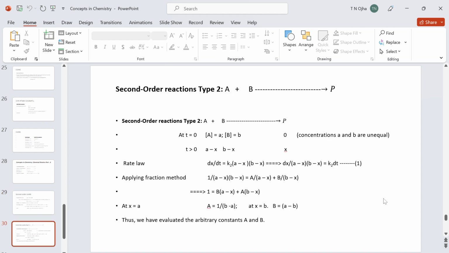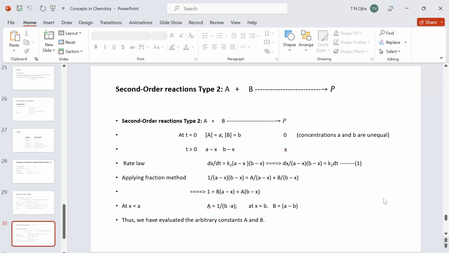Suppose we take up the reaction where two different reactants A and B are involved and their initial concentrations are not the same. In that case, a bit complicated equation is determined. How? This has been shown here using partial fraction method. Everything is very nicely explained here. Each and every small step is shown.